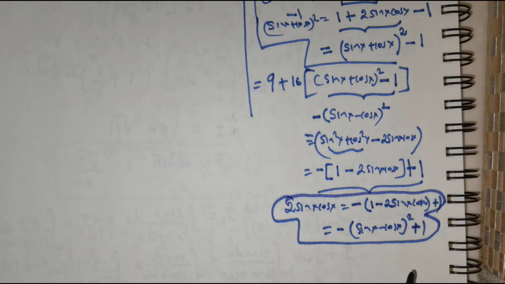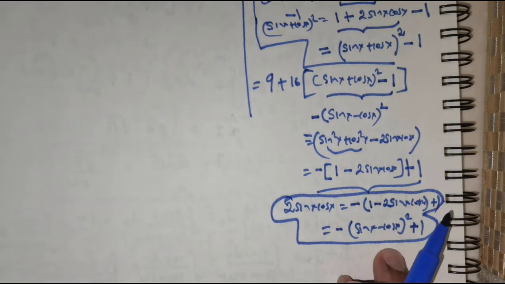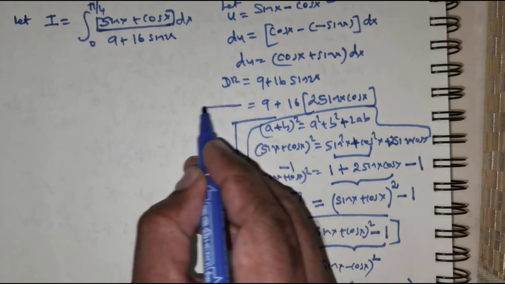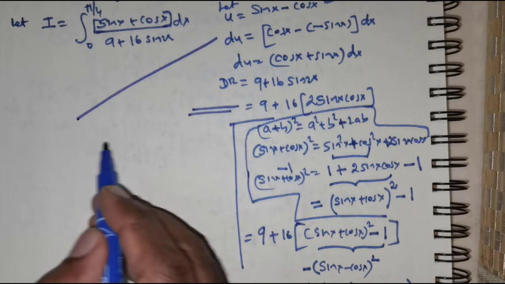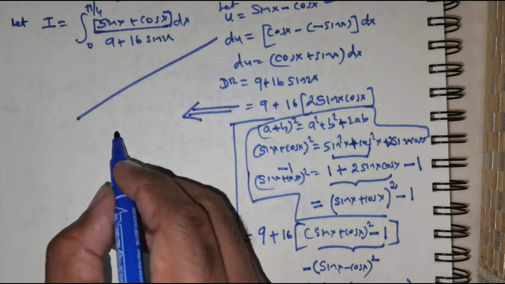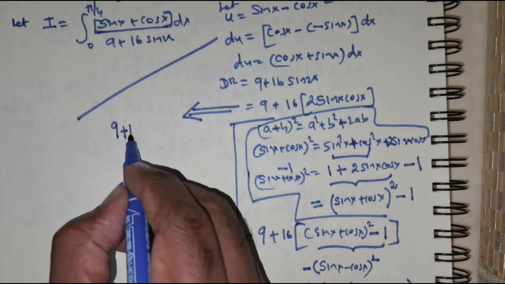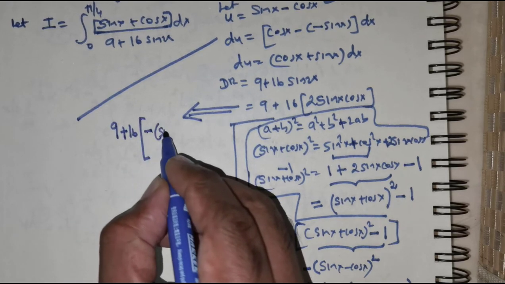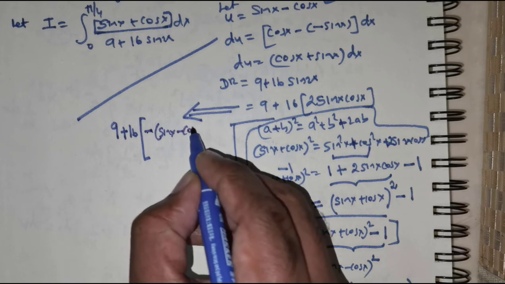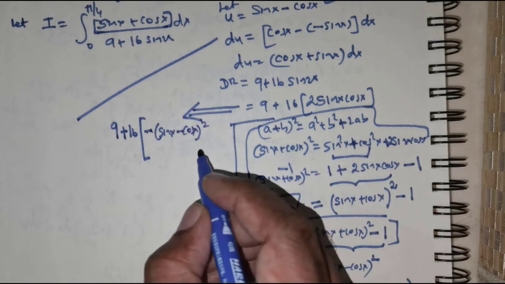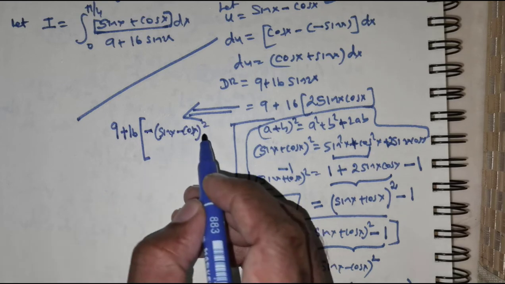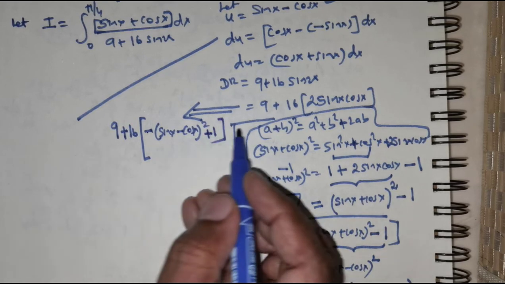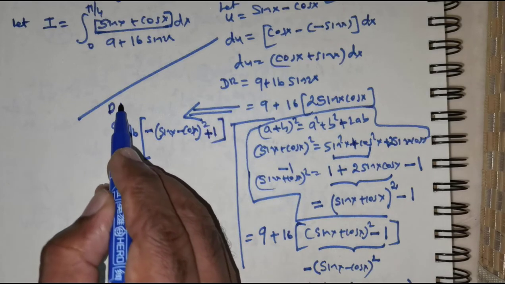So what am I going to do? I'm going to take this and place it over here. So this is equal to 9 positive 16 times parenthesis negative of sin x negative cos x raised to the power of 2, and that has to be followed by a positive 1. That's it. So now this is the denominator, right?